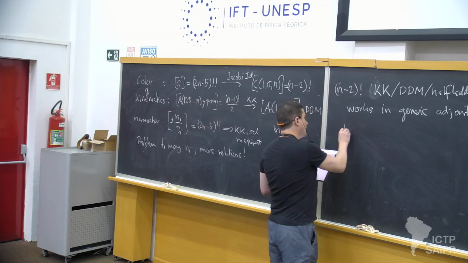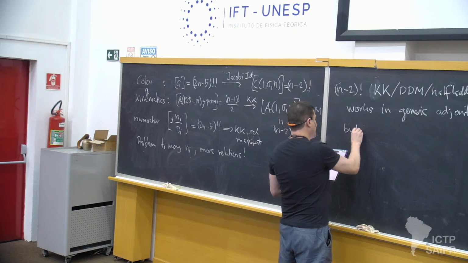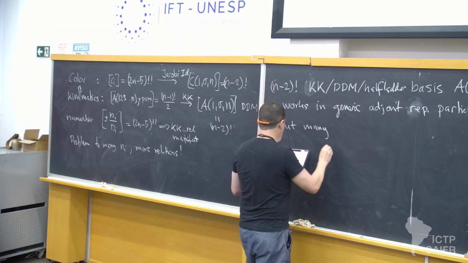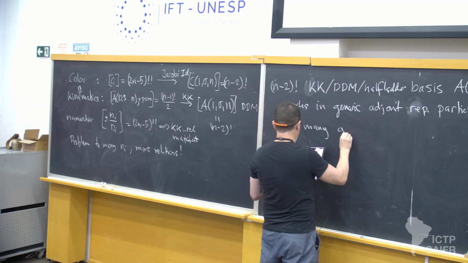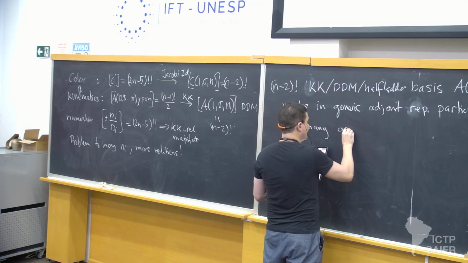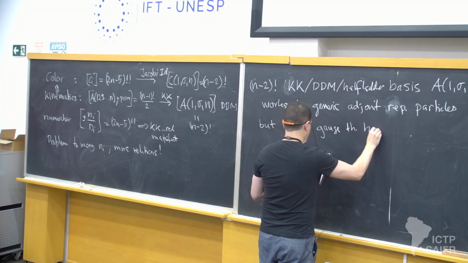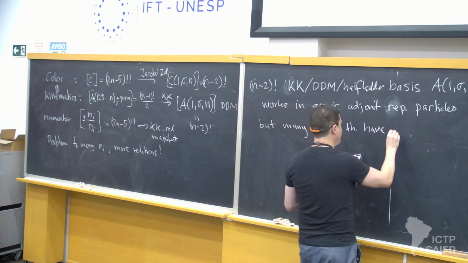But there are also other relations, which hold for some or many gauge theories. So many gauge theories have a smaller basis.